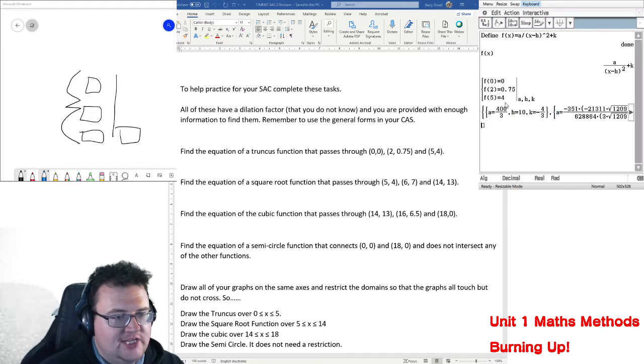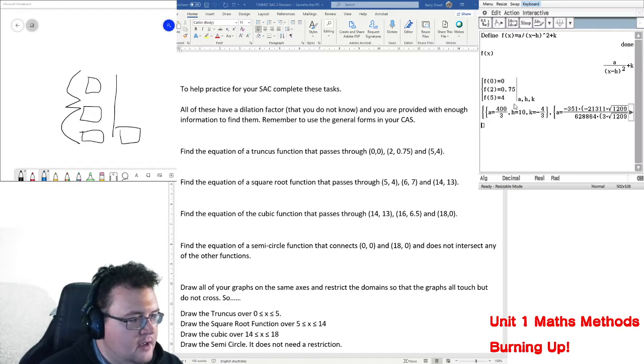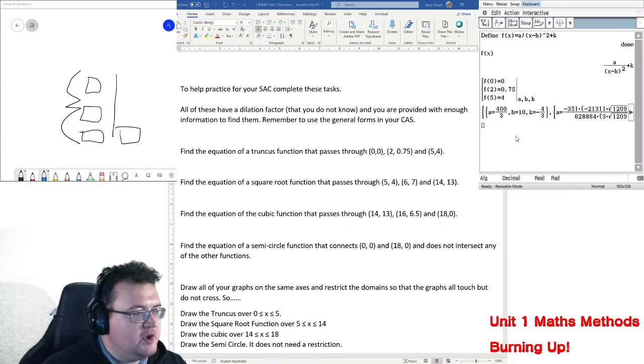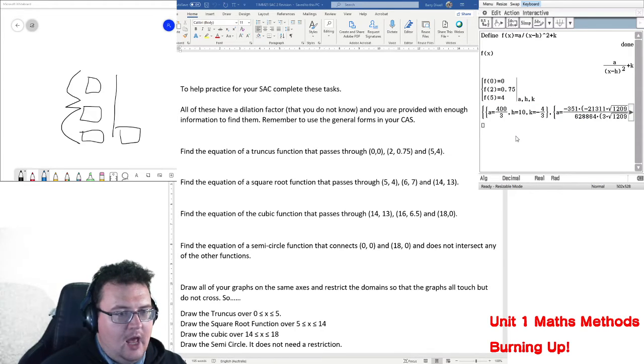One is a nice, clean number, and then the other one is utterly ridiculous. K is that, whatever that is. That's because we're working with truncuses. And what you'll notice is that the a here is a positive number, and the a here is a negative number.